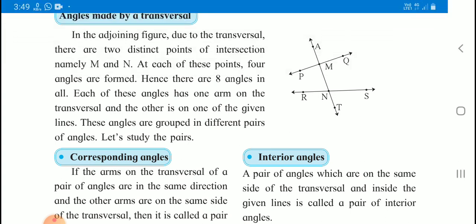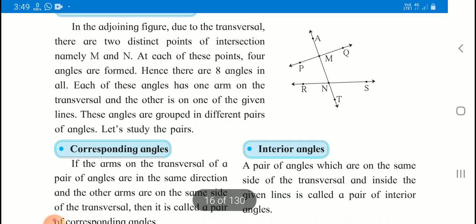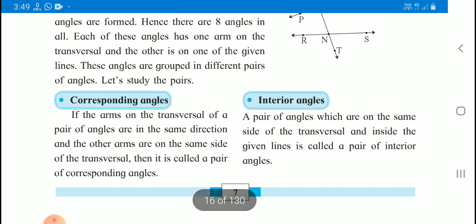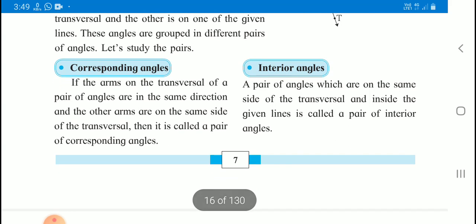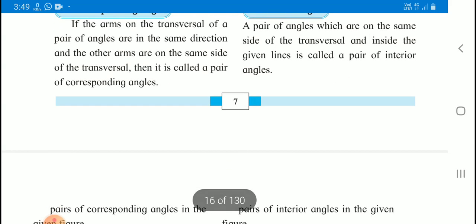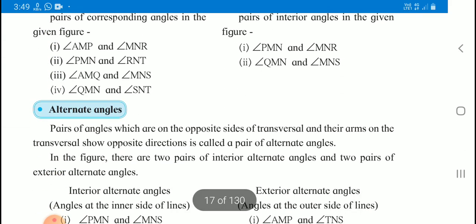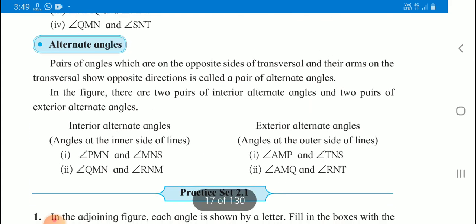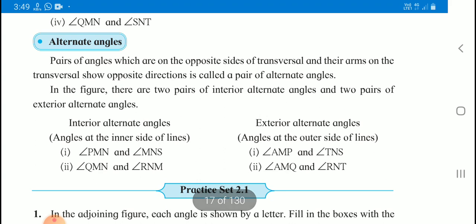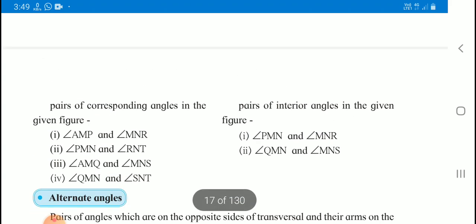Now these angles are grouped in different pairs of angles. Let us study the pairs. These angles are grouped in corresponding angles, interior angles, alternate angles. In alternate angles, there are two types: interior alternate angles and exterior alternate angles.